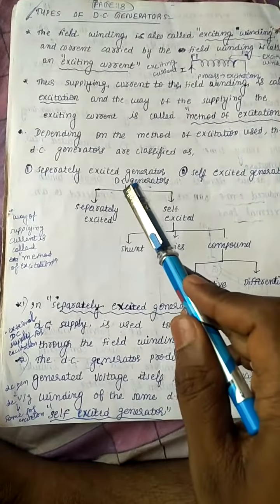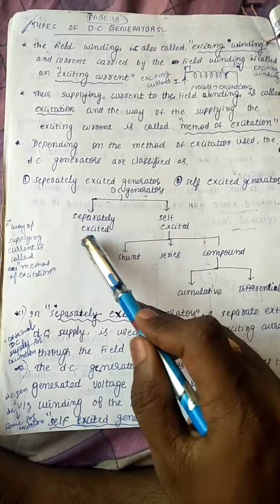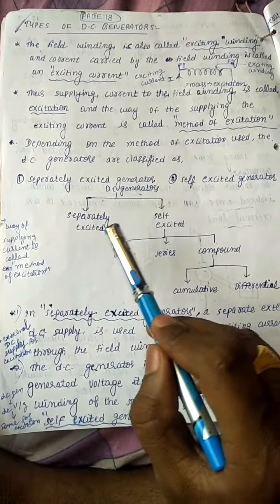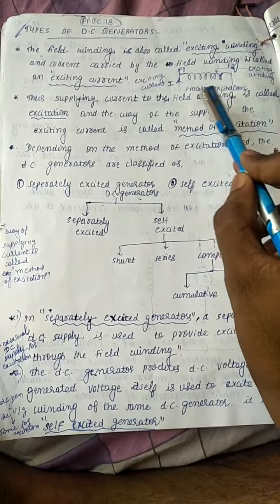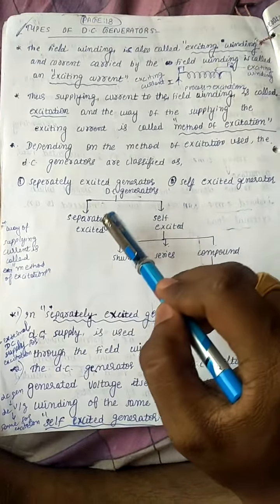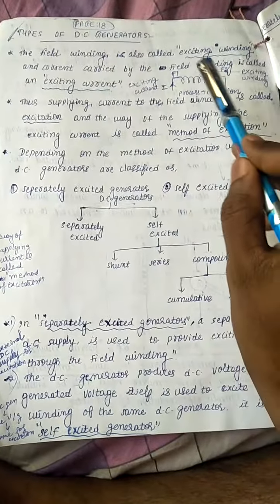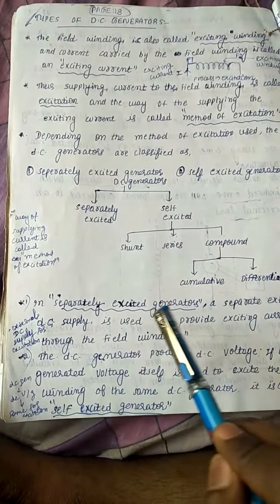Then what do you mean by separately excited generators? In the case of separately excited generators, a separate DC supply is used to excite this winding. An external DC supply is used, I will show you later on, to excite this winding. It is called a separately excited generator.